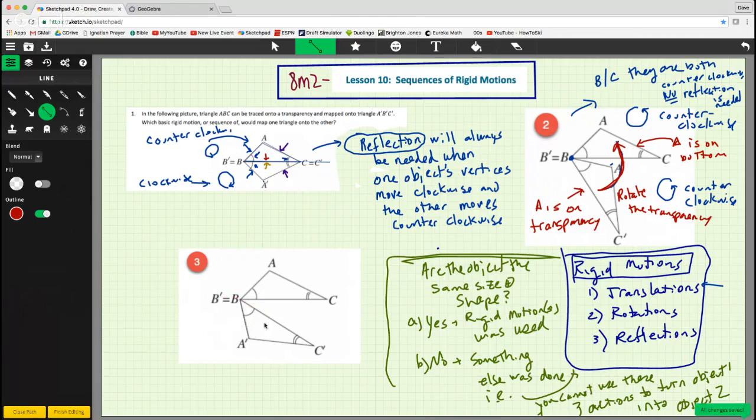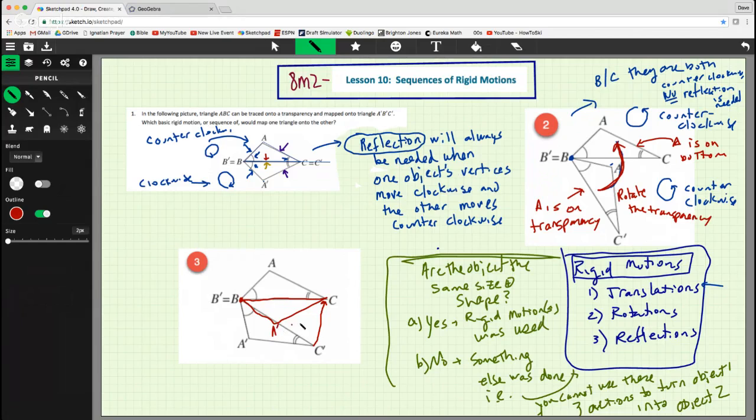But the other thing I can do, and one of the key things to notice, is there's not just one set of rigid motions that will always map one object to another if I've determined they're the same. There's actually an infinite number of rigid motions. So one thing I could do is rotate this guy up around point B. Let's take my transparency and rotate this up so that C is on top of C. And now, if I rotated this correctly, I'm going to have an object that looks something like this.